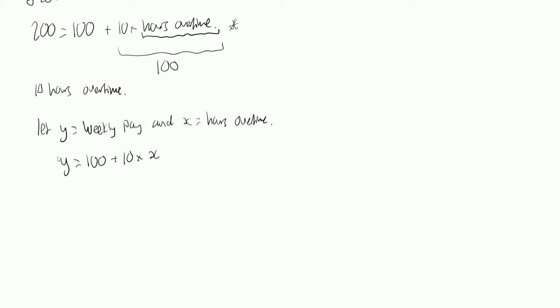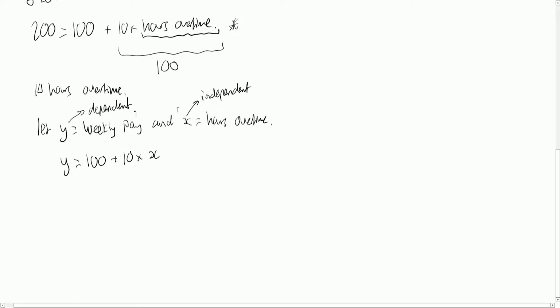Just for notation's sake, a lot of the time we use x to represent our independent variable, and y to represent our dependent variable. This is just a notation that's evolved, but honestly you can use any letters you want. I could use P and Q, or Z and A, B and C, whatever you want. It really doesn't make a difference.